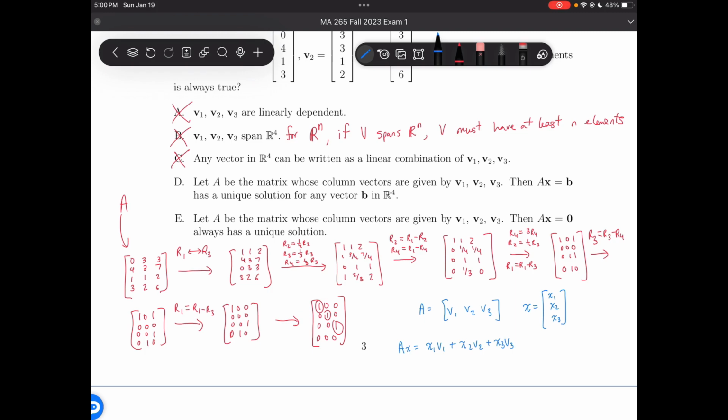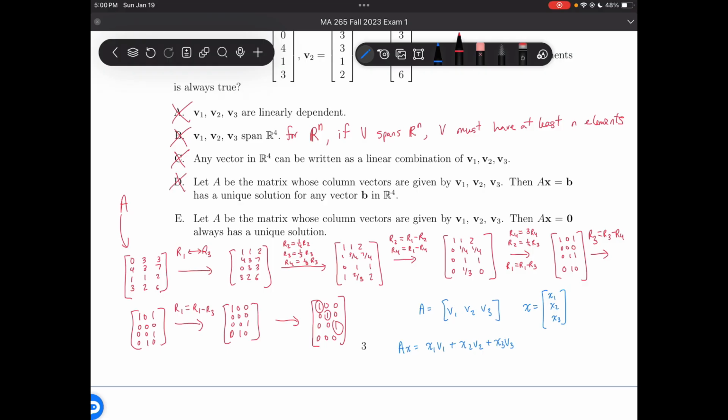And we determined from statements B and C that it's not possible for a linear combination of these 3 vectors to span Rn, and that would also mean that it's not possible that there's a solution for any b. Because essentially, statement D is also equivalent to B and C. So that is also false.